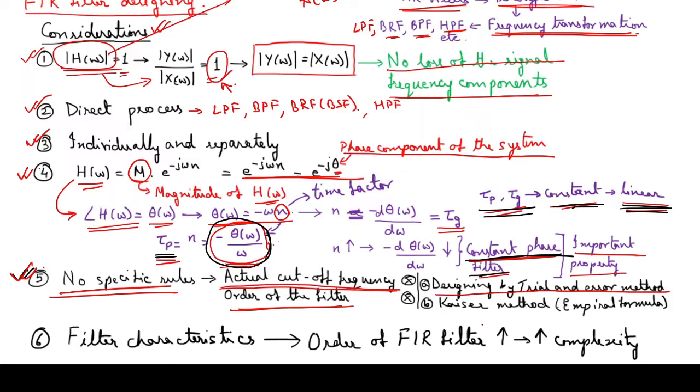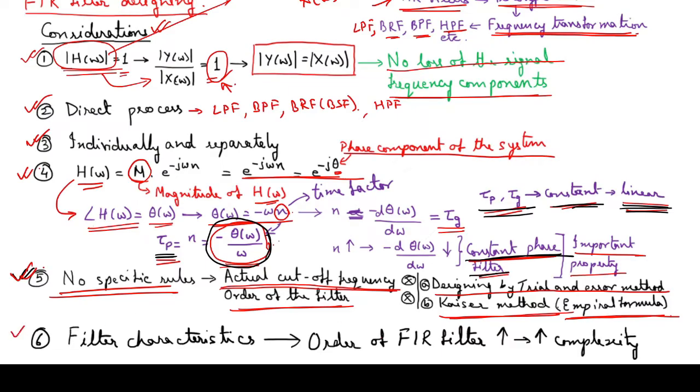There is one empirical method, regarded as the Kaiser method, for designing the filters. However, on the contrary, the designing of IIR filters is definite, and you already know the cutoff frequencies beforehand, and accordingly you can design the filters. Okay.